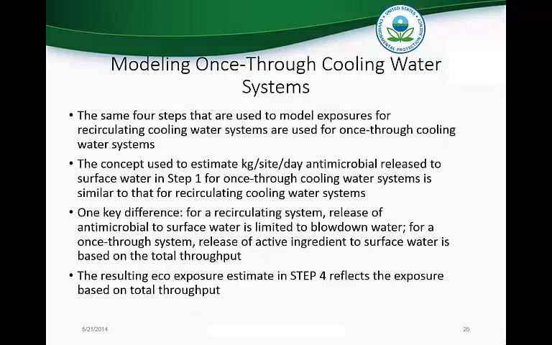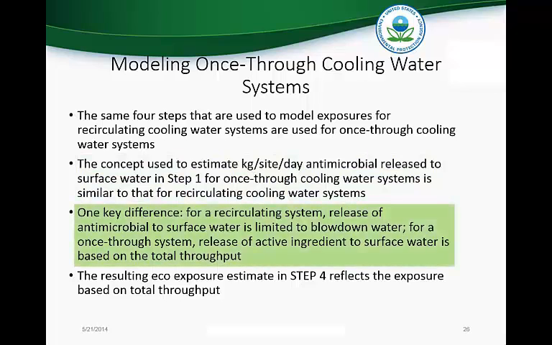Now we're going to talk a little bit about modeling for once-through cooling water systems. Basically, the same 4 steps that are used to model exposures for recirculating cooling water systems are used for once-through cooling water systems. The concept used to estimate kilograms per site per day antimicrobial released to surface water in step 1 for the once-through cooling water systems is similar to that for recirculating cooling water systems.